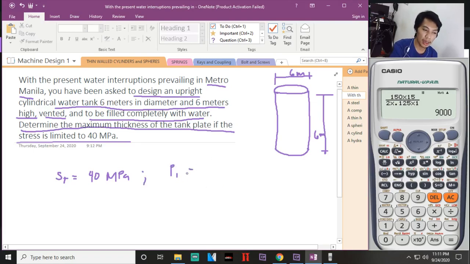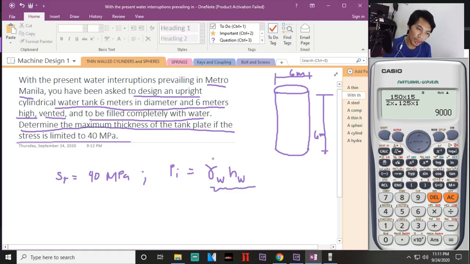Now, base sa inyong hydrostatics, the internal pressure is given by the formula, ano? Siyempre, madidetermine mo si gamma ni water times the height of the water column. Okay? Given yun nun.